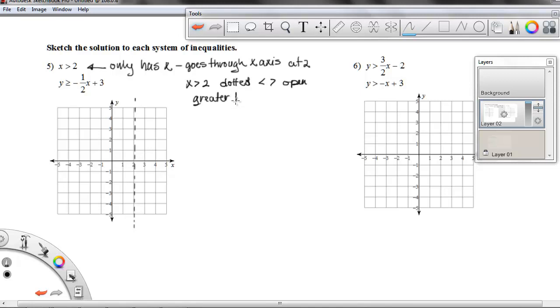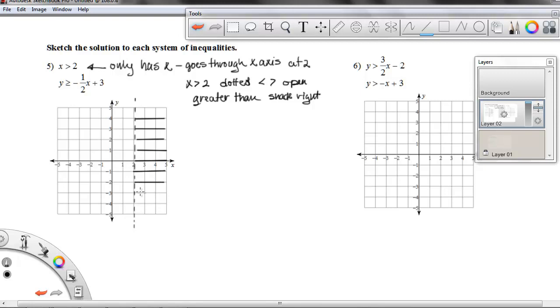Now if this had been y greater than 2, we would be shading above the line, because we're dealing with a y. Remember, we're just going to mark our graph with some light lines. Vertical or horizontal is a good way to go on this one.